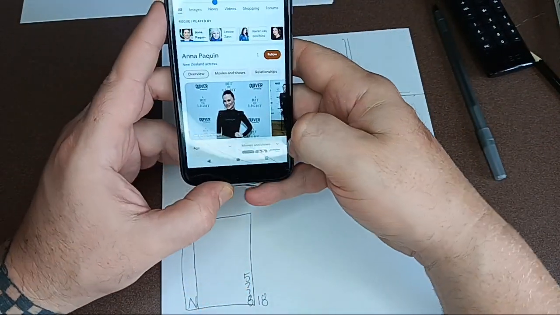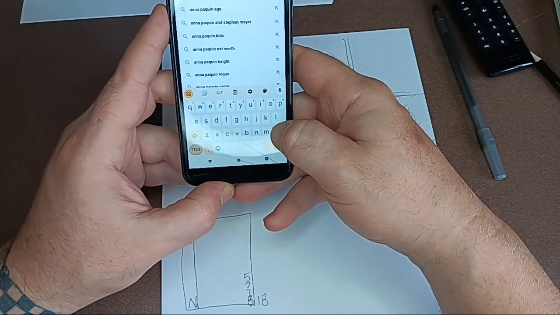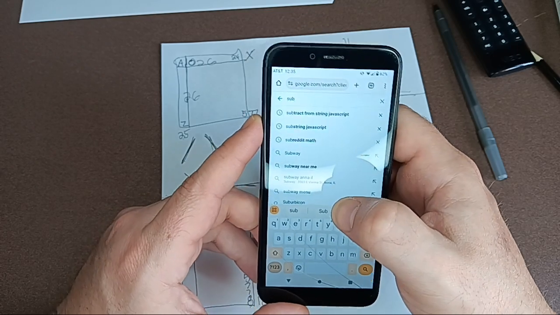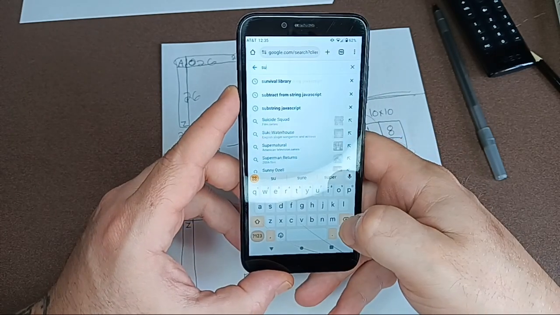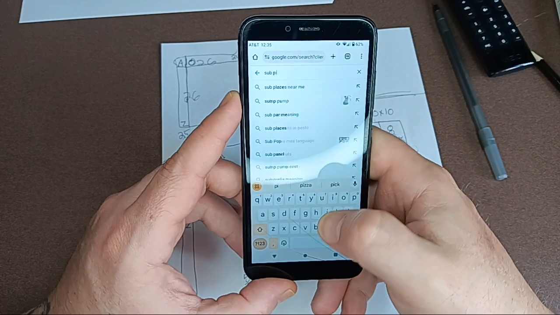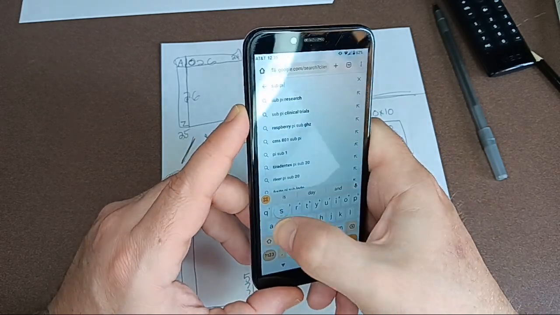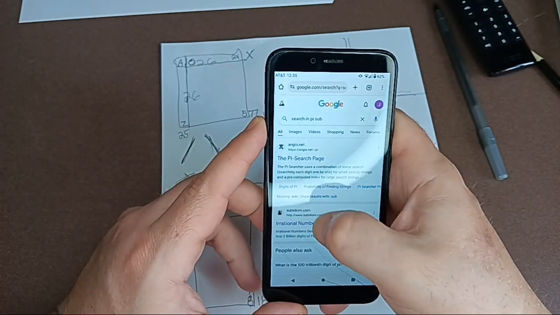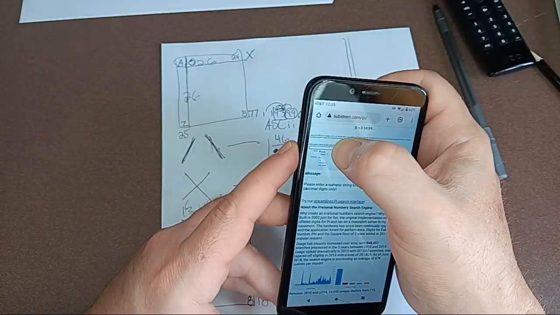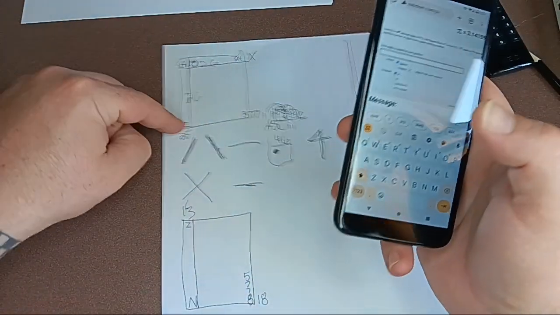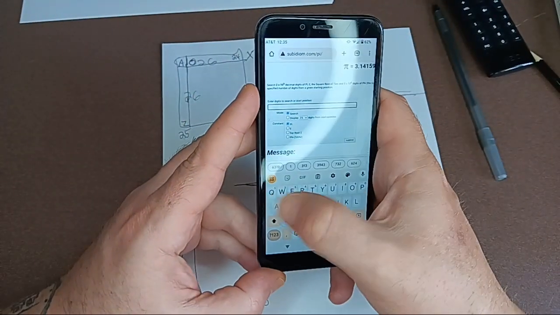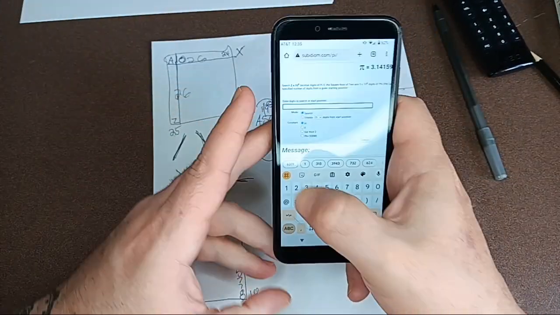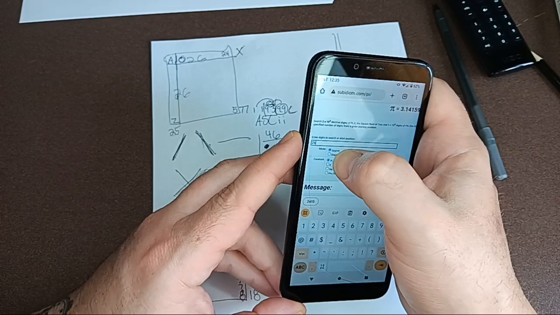I go to sub. Oh, yeah, it's sub pi search. Now, this didn't work before, but all right. So the 26. So we look up 26. Well, there's 25, so we'll go 26.